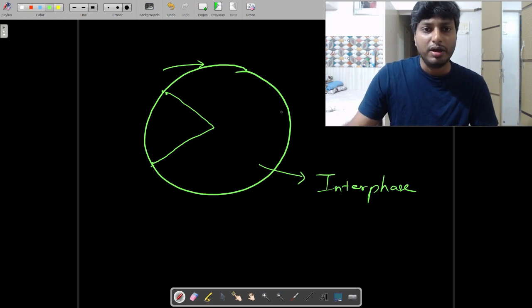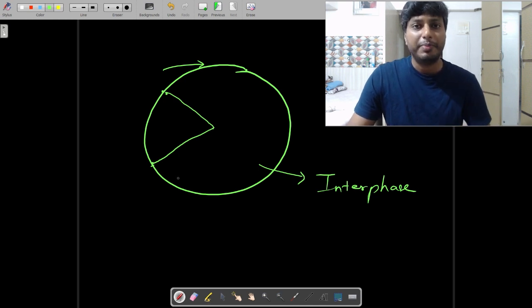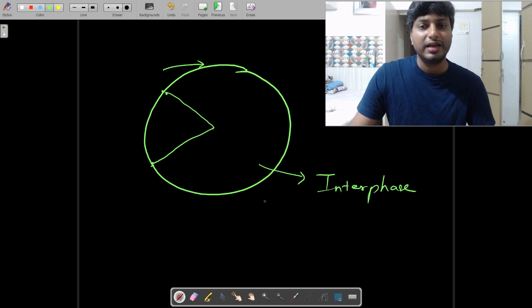This entire duration of time is taken by the cell to prepare its content, to double its DNA, and to form different types of organelles and proteins. That's why the interphase is the most active phase of the cell. The interphase is called the metabolically active phase of the cell.